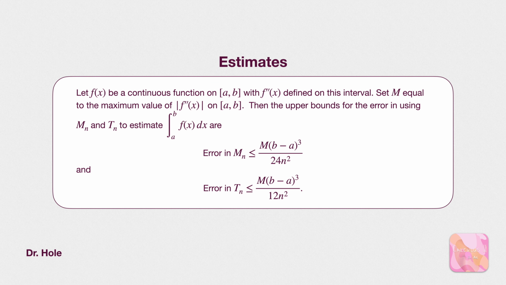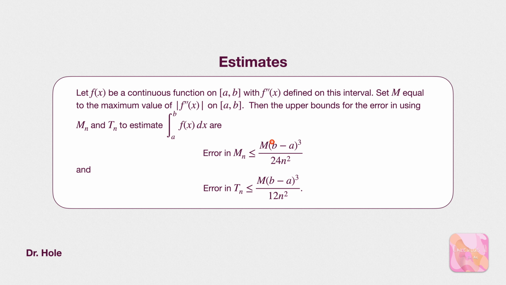We're going to get an estimate for the error in the midpoint rule and an estimate for the error in the trapezoidal rule. How can we use these estimates? When are they valid? We need for the function to be continuous on the interval. And we need that continuous function to have a second derivative on this interval.